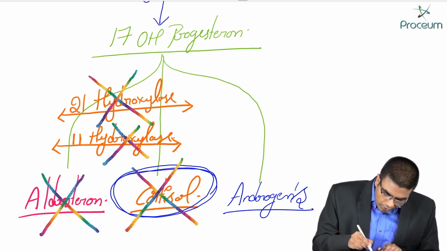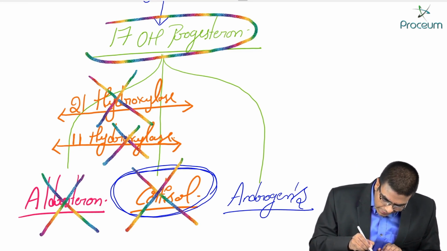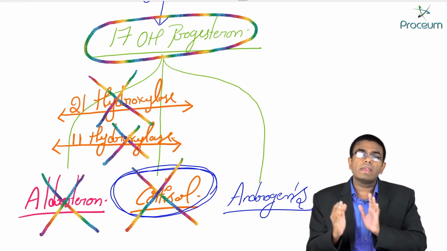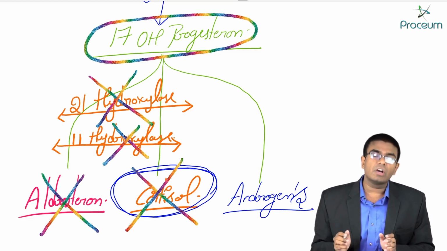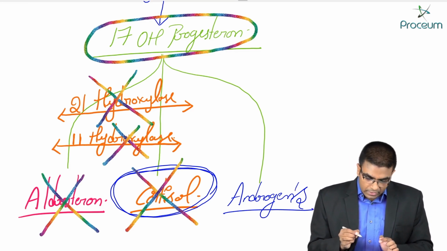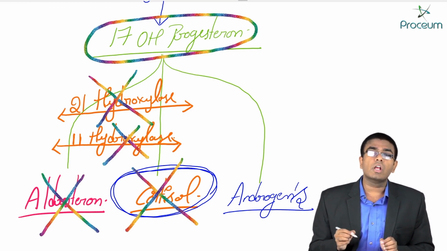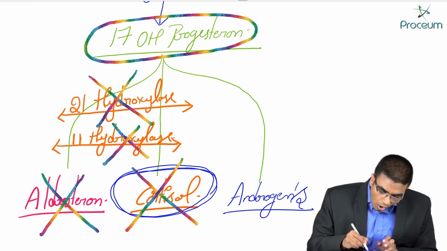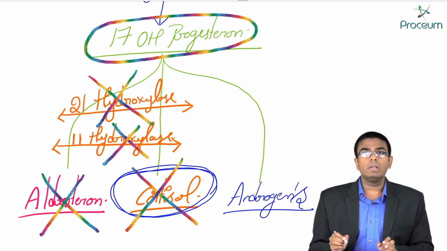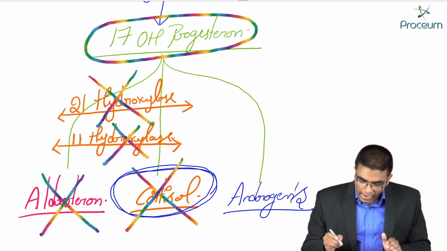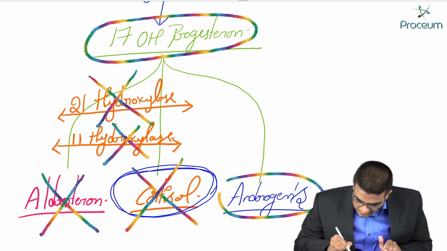The 17-hydroxyprogesterone, usually it has to convert into aldosterone, cortisol and androgens. So whenever there is a deficiency of this enzyme, the 17-hydroxyprogesterone cannot be converted into aldosterone or cortisol.